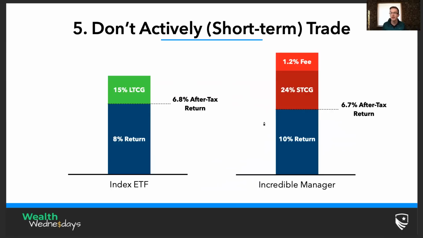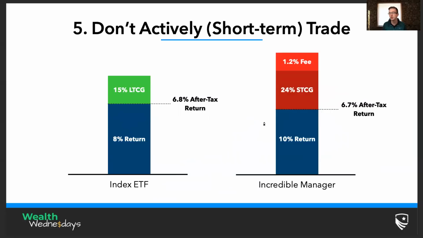Okay, and so let's look at a very kind of cherry-picked example here. Let's say in an index ETF, just owning the index for the long term, you're going to earn 8% per year. Okay, just hypothetically here. Now, after 15% long-term capital gain, your after-tax return is 6.8%.